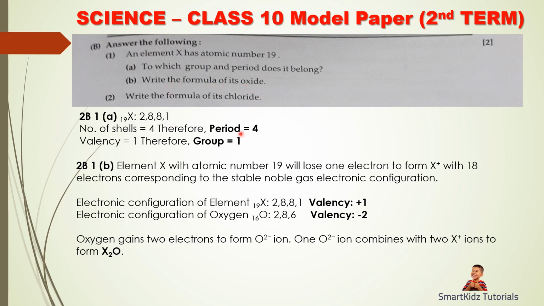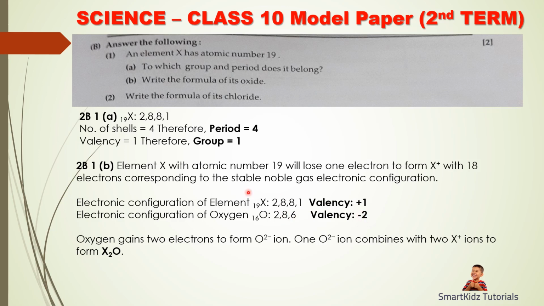Now it is asked to write the formula of its oxide, which means it is going to pair up with oxygen. Now oxygen has 6 electrons in its outermost shell, as you see by this configuration. Its atomic number is 8, so 2, 6. It needs 2 electrons to gain the stable noble gas configuration, which means the valency is going to be -2.